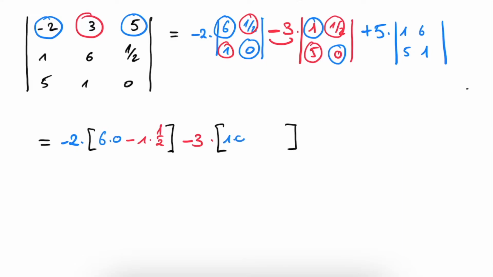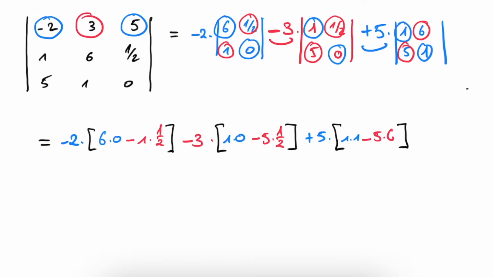So we get 1 times 0 minus 5 times 1/2. And then the last term is this plus 5 times, and then this last 2 by 2 determinant, which simply becomes the multiplication of these two numbers minus the product of these two numbers, which is 1 times 1 minus 5 times 6.